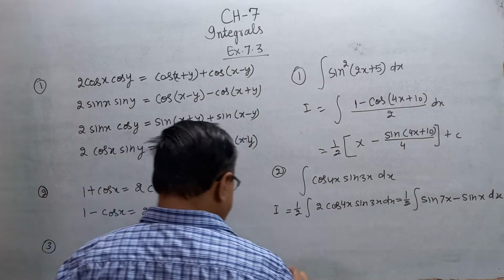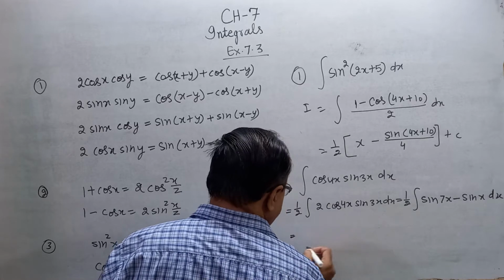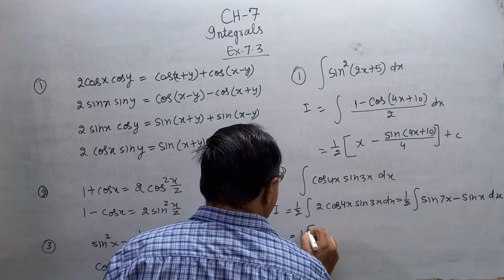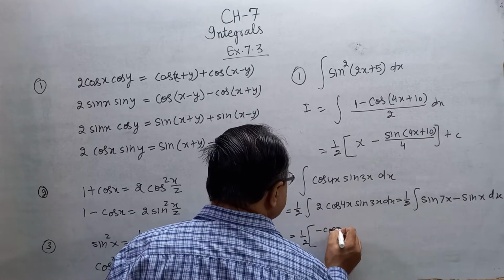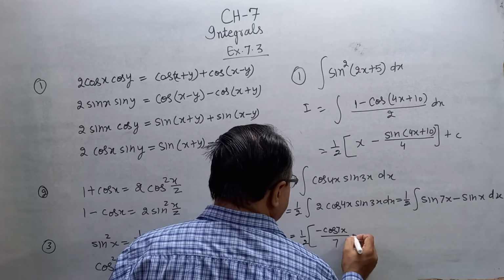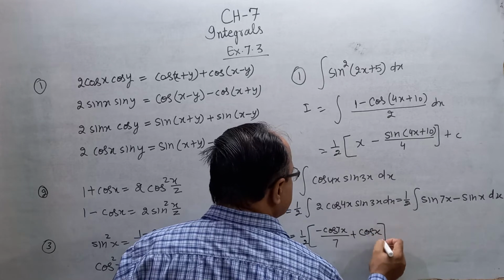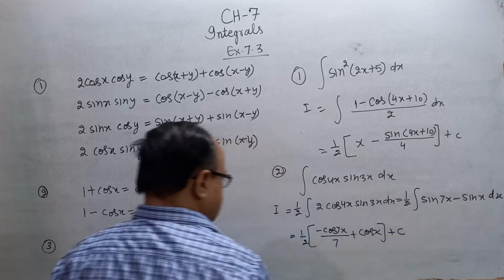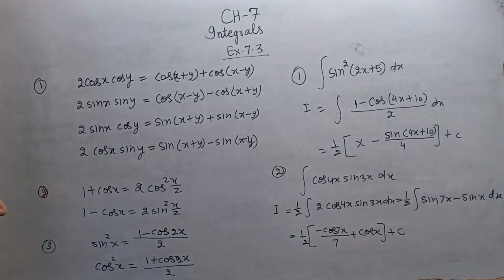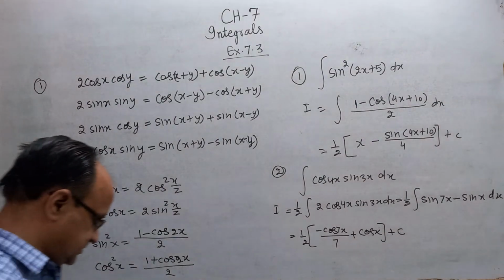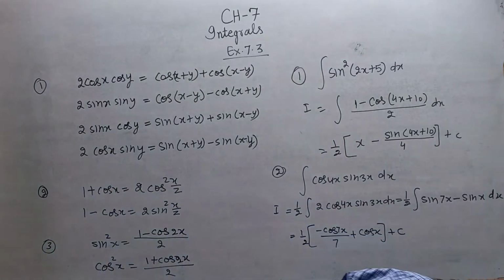Now can you tell me the integration of sin 7x? That is minus cos 7x upon 7 minus cos x plus c. This is the solution of question number 2. Clear?